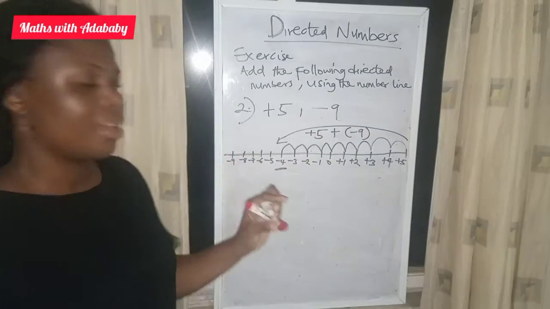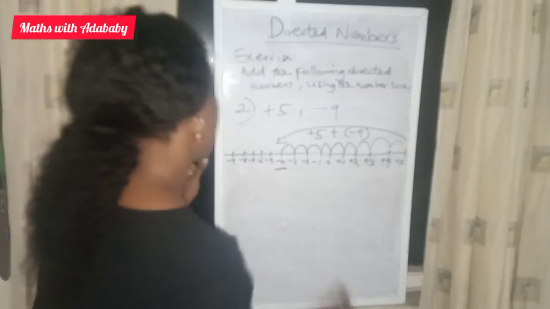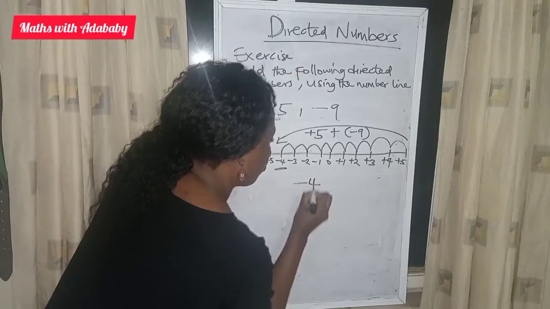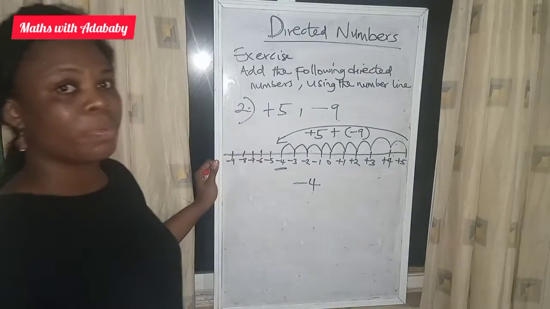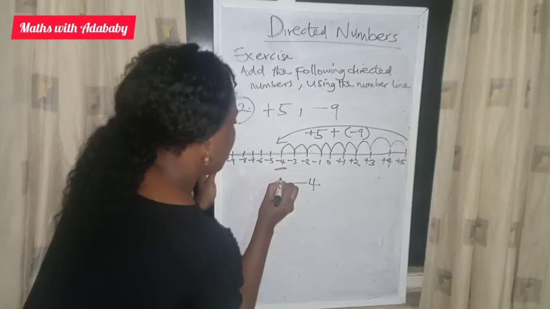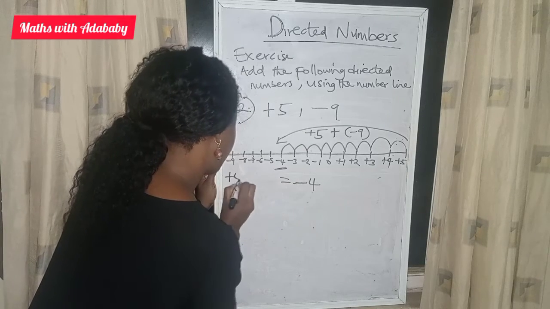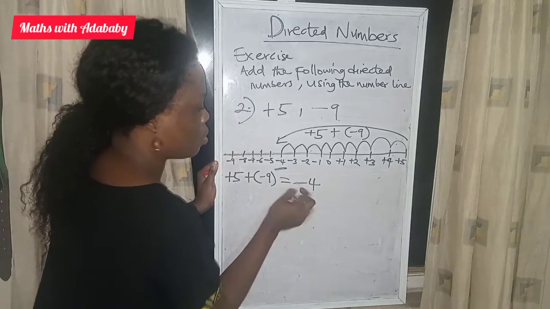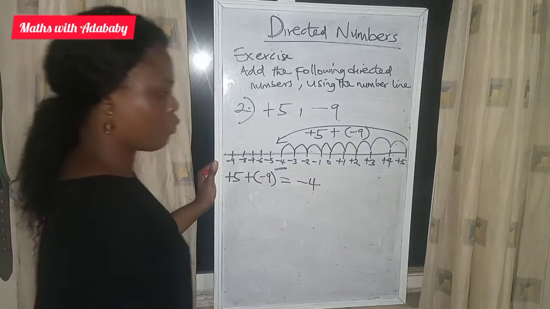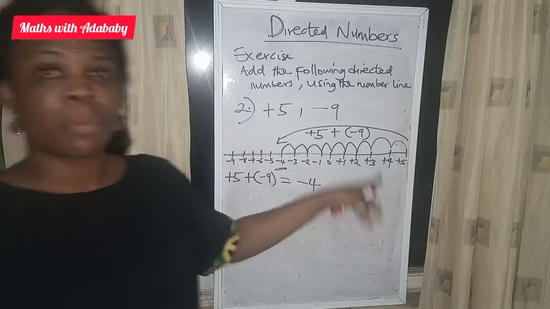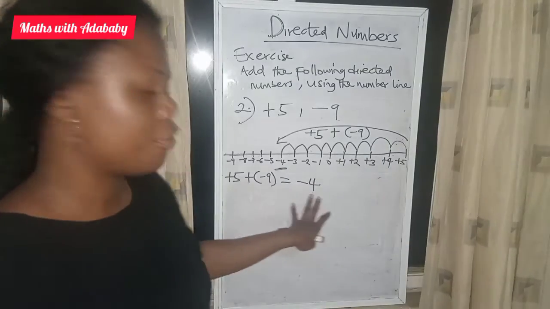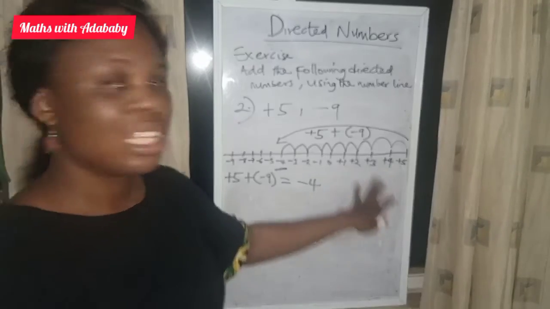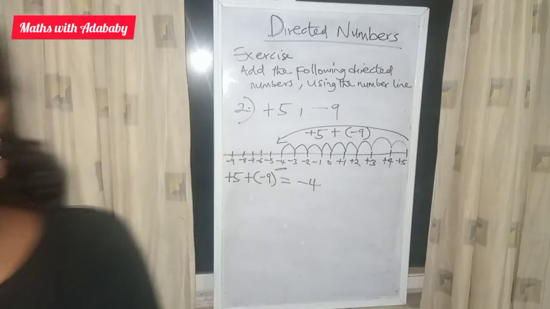And the answer in the ideal calculation is minus 4. So if you were to represent it just in numbers, it means that plus 5 plus minus 9 is equal to minus 4. But this is the representation of this calculation in the number line.